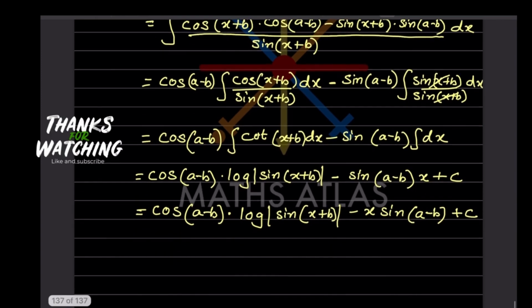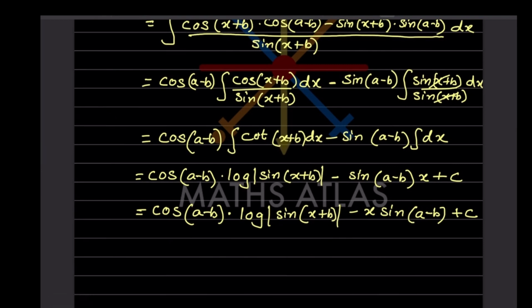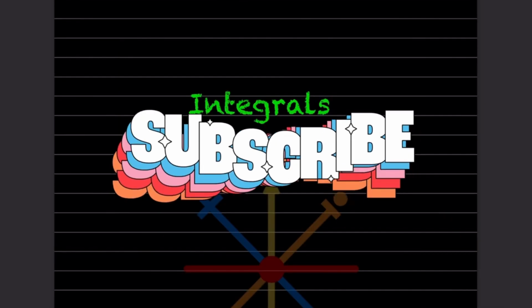So the same thing we write here: cos of (a minus b) log of sin of (x plus b) minus, because we have taken this x, we can write at the start, x sin of (a minus b), plus c. So this is the answer.